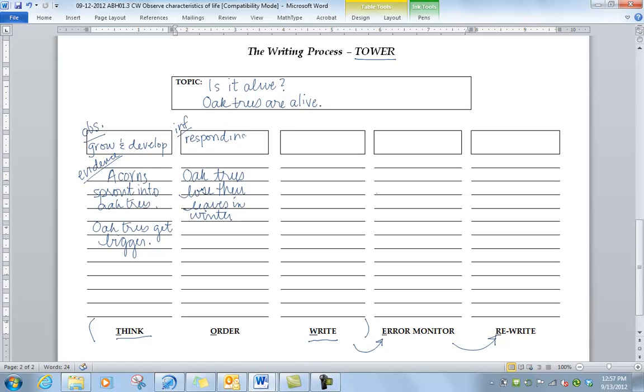So they're responding to their environment. Since they do that every year, you could also make the case that they are also adapted to their environment. Probably could go either way on this point.